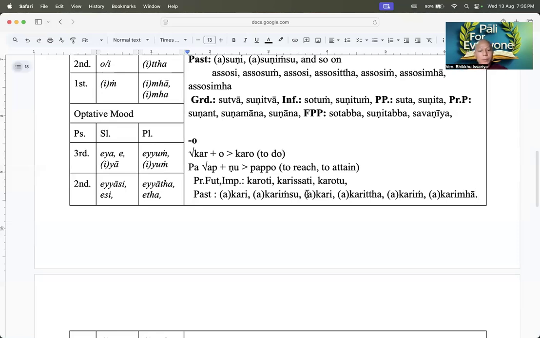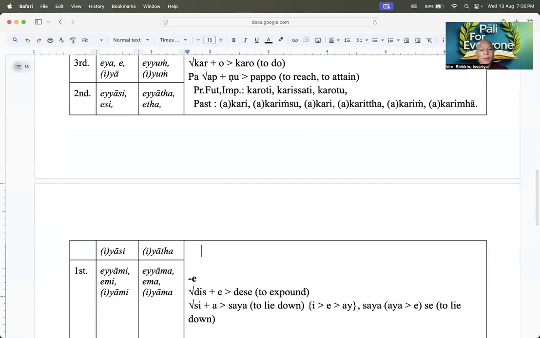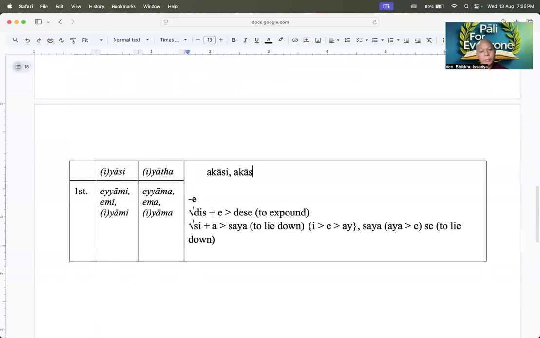But now special one is like the akasi and then akaso, maybe akasemsu, and then akasi, and then akaseta, akase, oh, so akasi, akaso, akasensu, one more form, akamsu also.